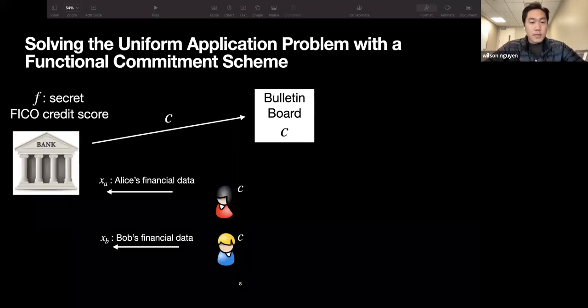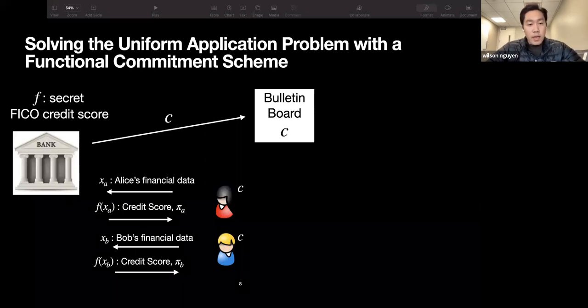Then they can request, using their financial data X, their credit score, and the bank returns their credit score, which is the evaluation of the secret FICO credit scoring algorithm on X, and accompanies it with a proof, an evaluation proof, which we saw on the previous slide, that the evaluation does coincide with the function inside the commitment.